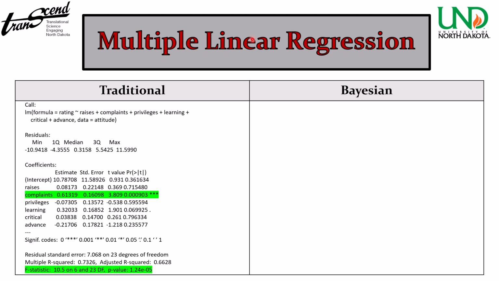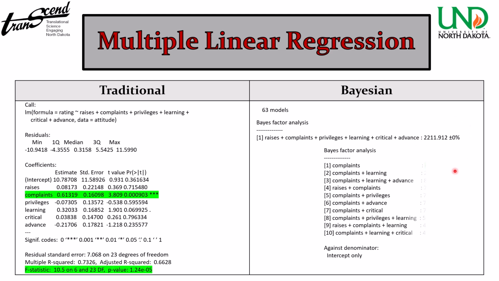So there's that. And for Bayes, just an important point here, there are 63 models of all the different combinations of variables. So it's a lot to look at all of them. So if you just look at the full model, there seemed to be extreme evidence for the alternative hypothesis.